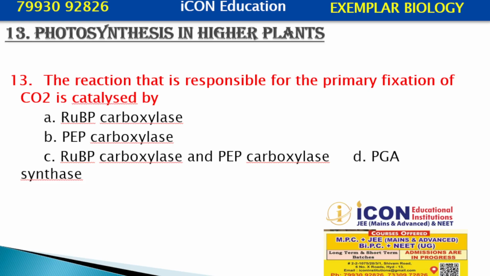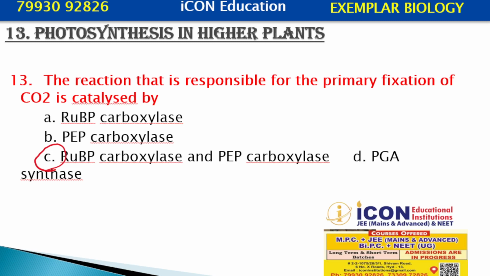In C3 plants, ribulose bisphosphate carboxylase is the primary carbon dioxide acceptor, and in C4 plants, phosphoenol pyruvate carboxylase is the primary carbon dioxide acceptor. So option C, both RuBP carboxylase and PEP carboxylase, is the correct answer.